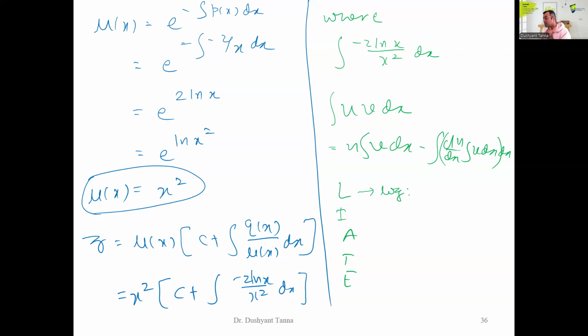So whenever you see anything log, that's your u all the time. Everything else will be v. If there is no logarithm and there is an inverse trig function, that's your u. And then there is algebraic. Then trig and exponential as your last priority. In this order, you will choose your u and the other part is v. Since we have got an ln here, that will be my u. So u is ln x.